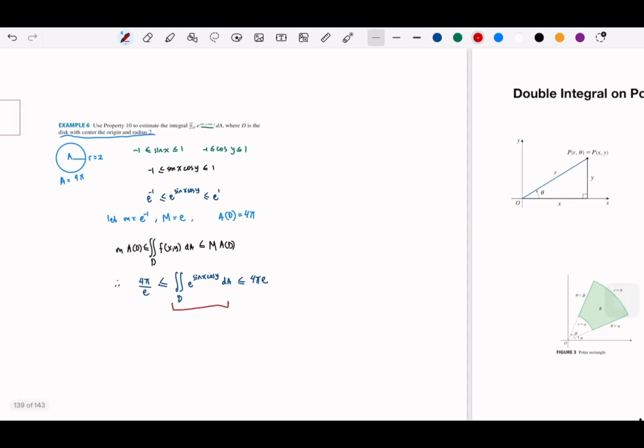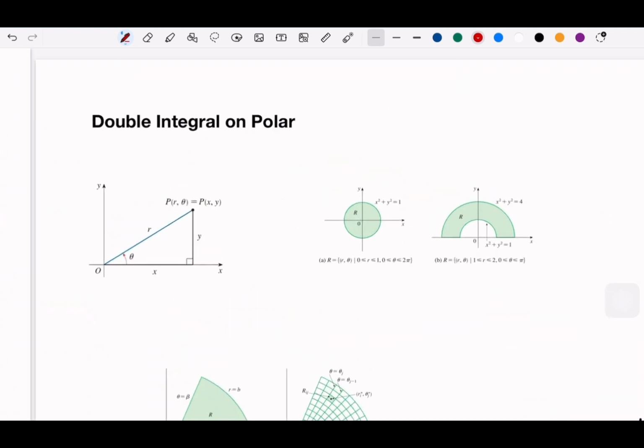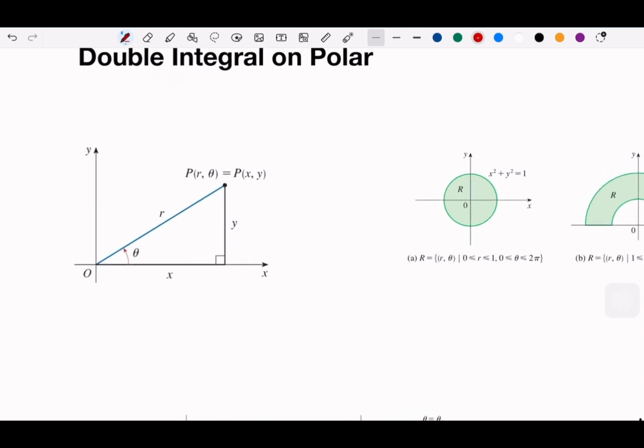So the next thing is we can have the double integral in polar coordinates, which means usually you have dx dy or dy dx. Now we are going to have dr and d theta, and we need to convert the regular double integrals into polar. Basically you start by looking at this, and I think you are able to analyze the x and y components easily, right? I think this should be very important.